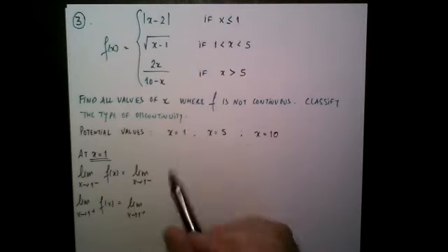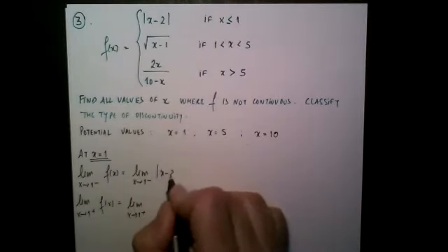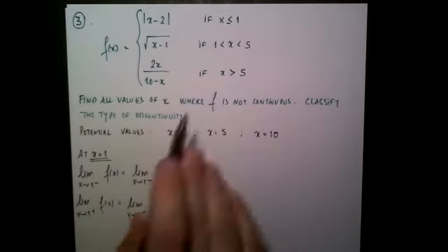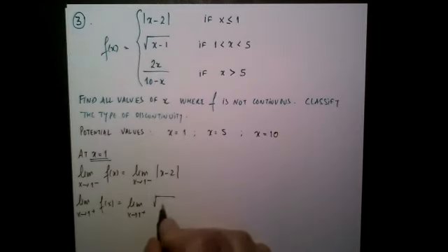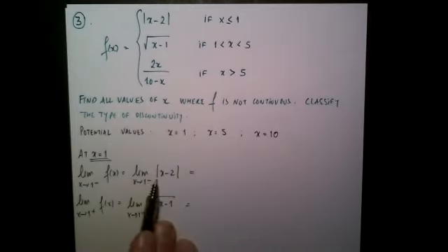Left of 1 is the absolute value of x minus 2, and right of 1 is the square root of x minus 1. If I plug in 1 here, I get 1 minus 2 is -1, absolute value of -1 is 1. And here, 1 minus 1 is 0, square root of 0 is 0.